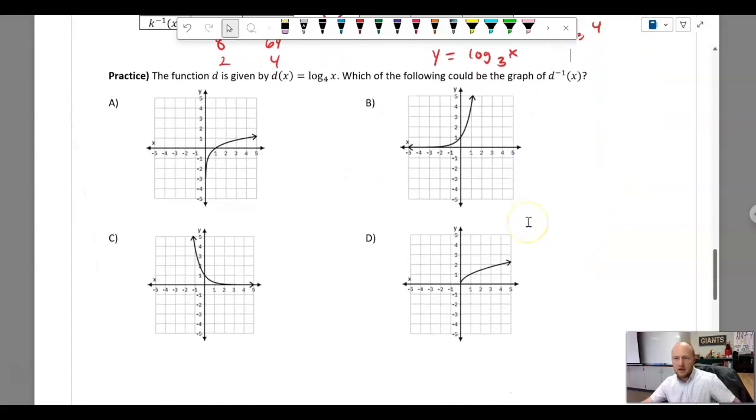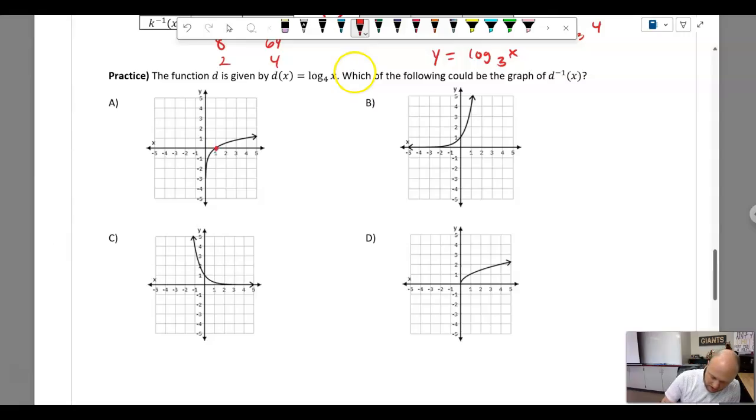Another practice one. Here is the function d is given d of x equals log base 4 of x. Which of the following could be the graph of the inverse, d inverse? Take a second, try this one. Log base 4, this has your inputs growing proportionally by 4.